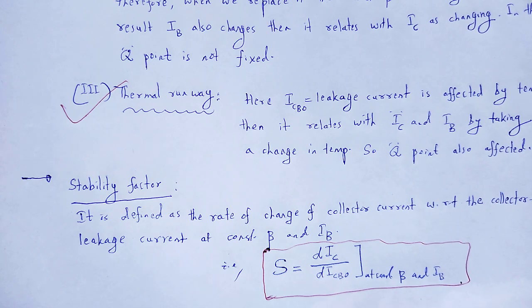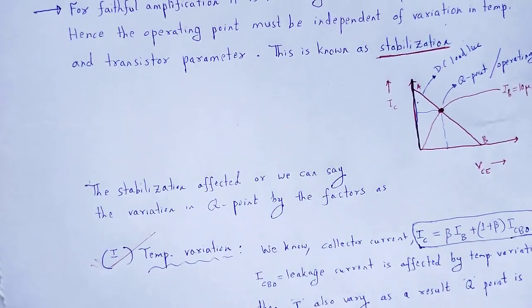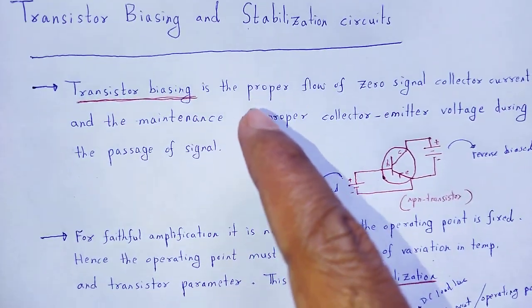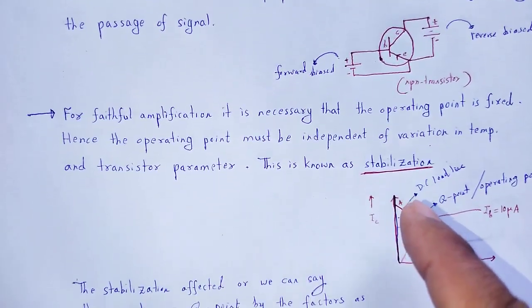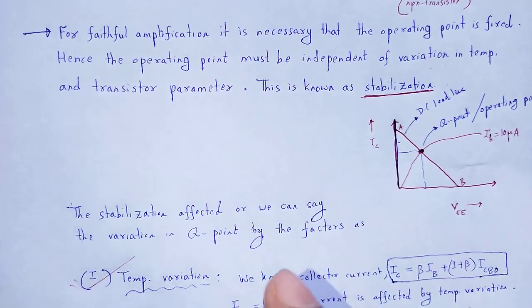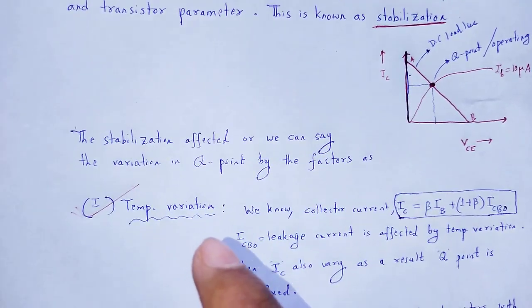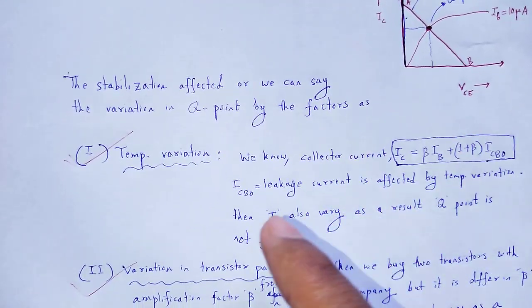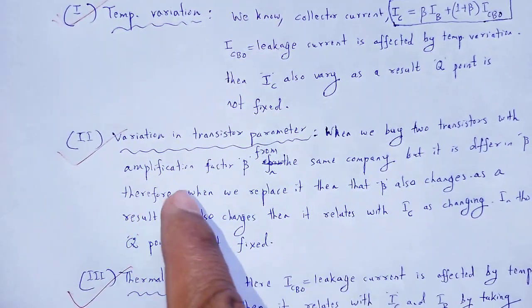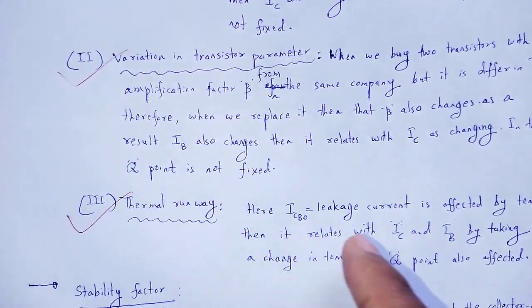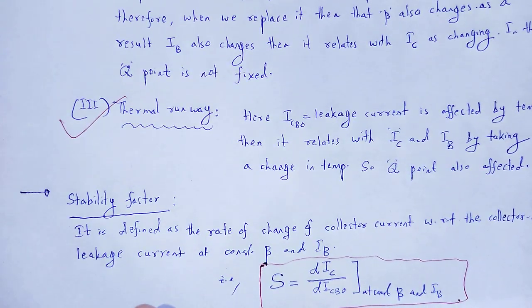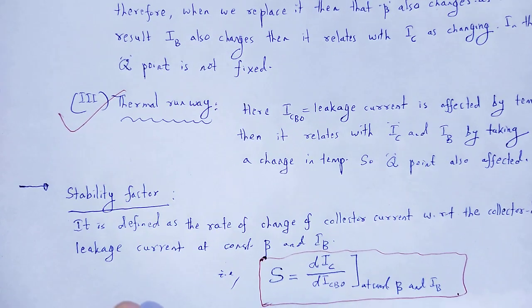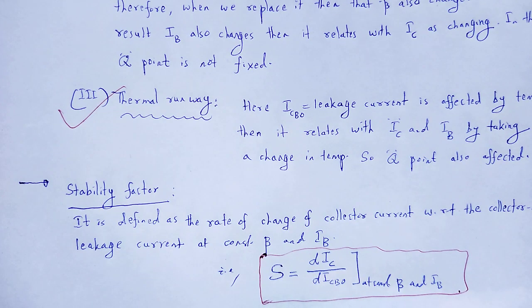In this way, with the help of this video lecture, we understand the concept of transistor biasing and stabilization circuit: what transistor biasing and stabilization are, the points that affect stabilization, temperature variation, variation in transistor parameter and thermal runaway, and finally the stability factor.